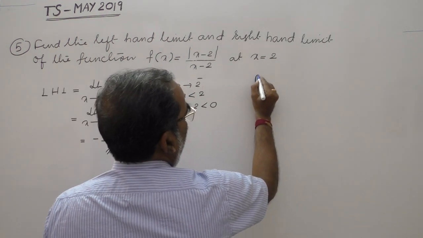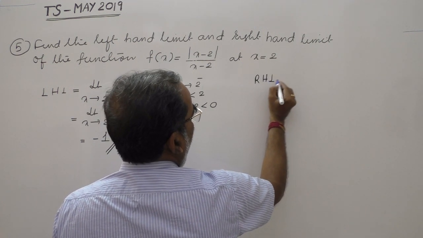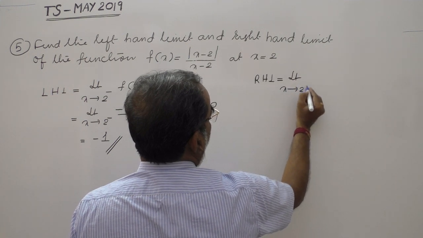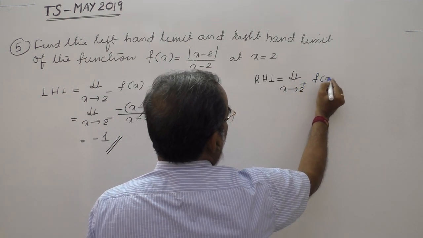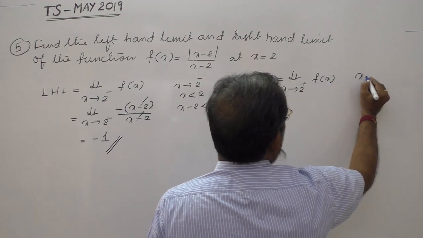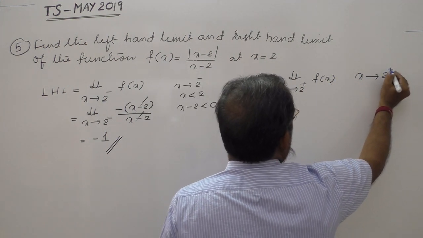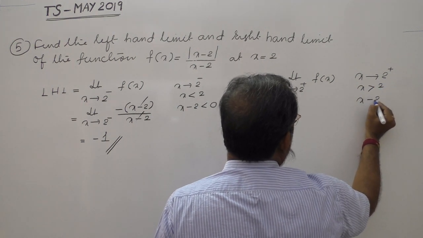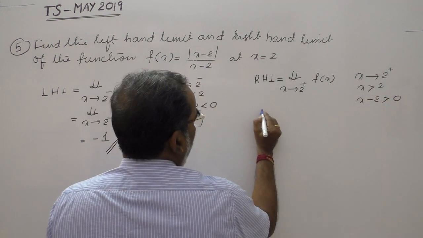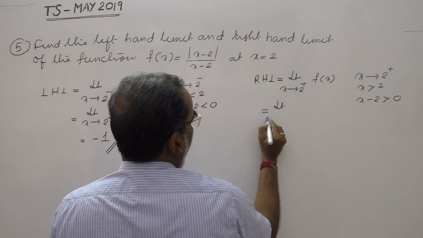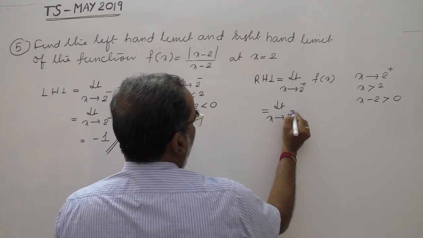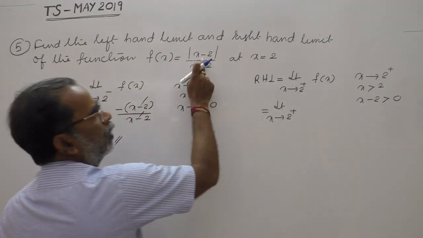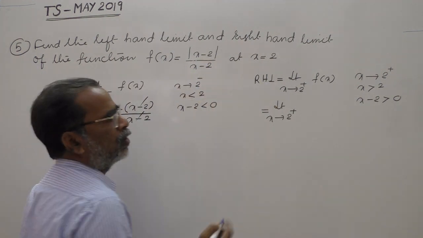And we will find the right hand limit at 2. That means limit x tends to 2 plus f(x). X tending to 2 plus means x is fractionally greater than 2. That means x − 2 is greater than 0. In the second case, this inner number x − 2 is greater than 0.